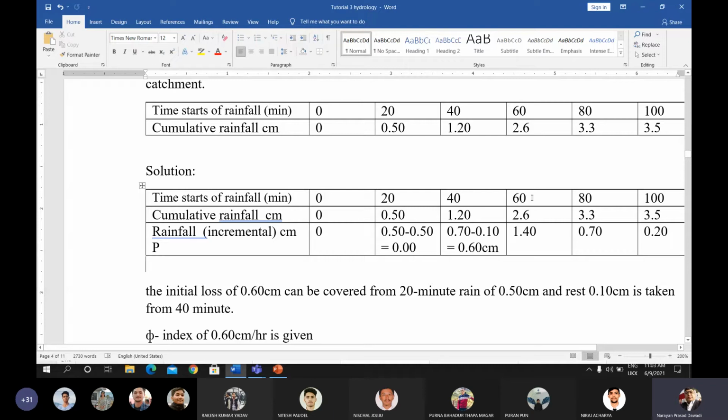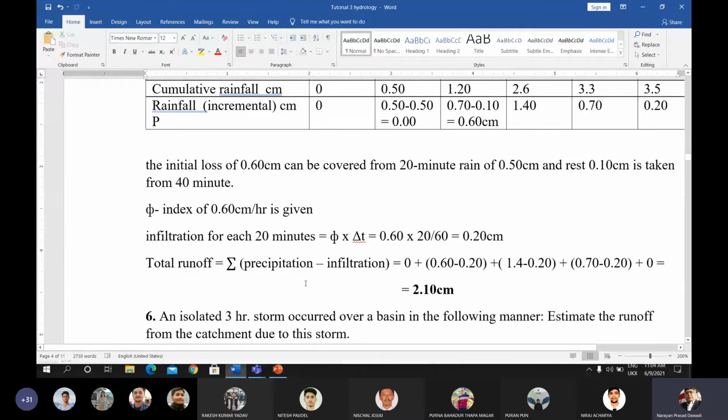For the third 20 minutes, which gives the 1.40, the total depth of initial loss is already provided from up to the 40 minute interval. That's why the initial loss is not subtracted from these other values. So it will be 1.4, 0.7, and 0.3.